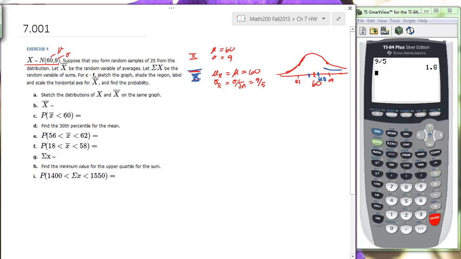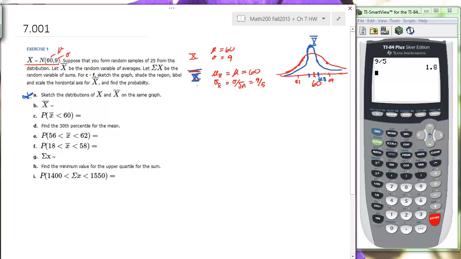So in other words, it's going to be a skinnier graph. It's going to peak a little bit higher than your original graph, but it's going to look skinnier than your x distribution. So that's part A.